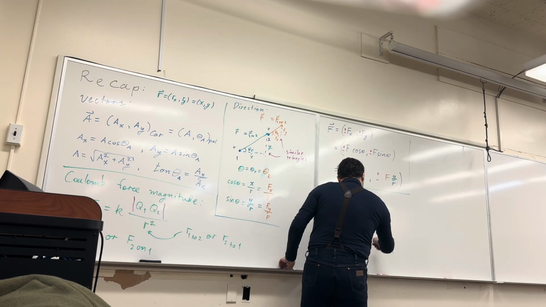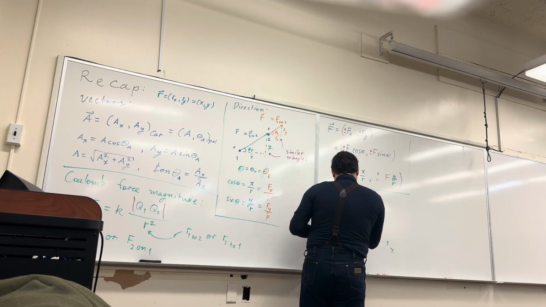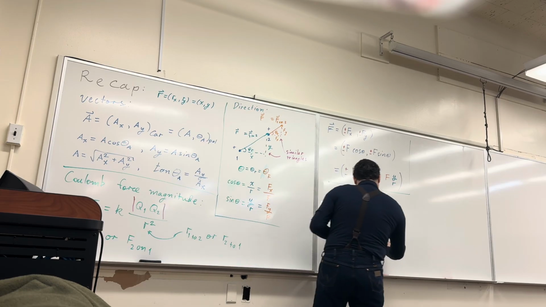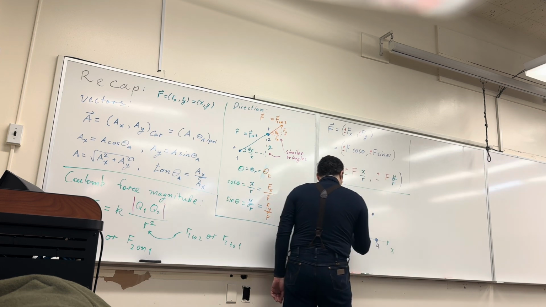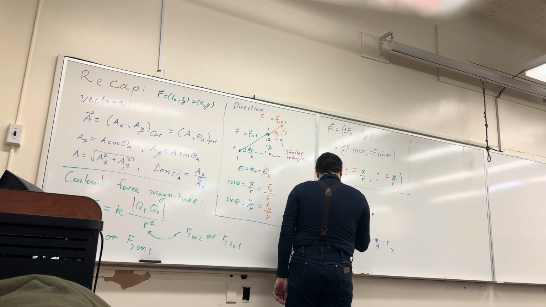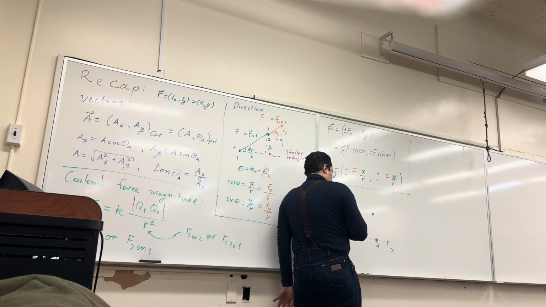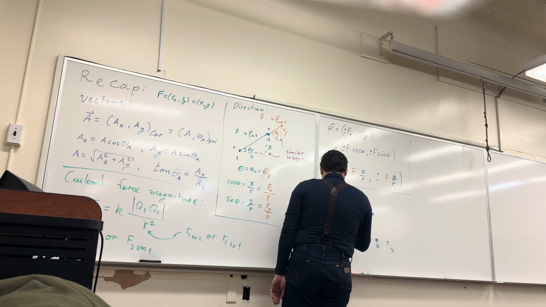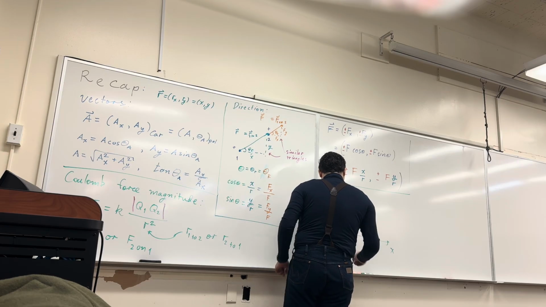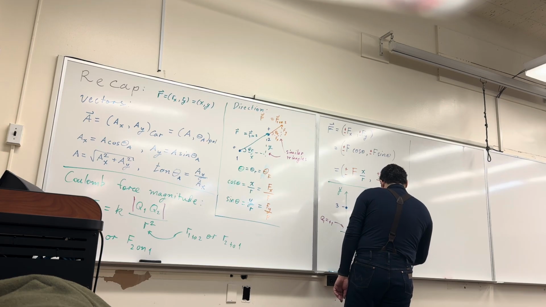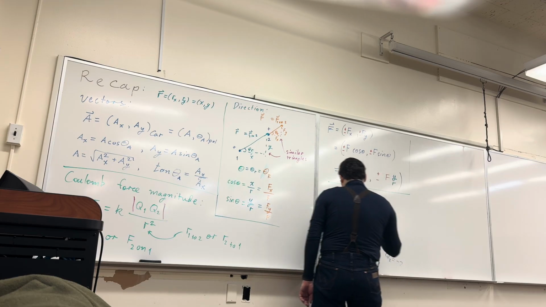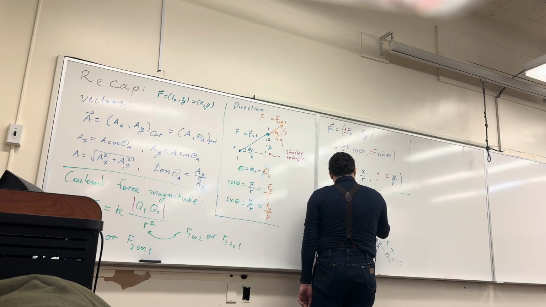Okay, so let me say that this is 3, this is 4 away, and let me say that this is charge Q1. Let me say it has charge, I don't know, positive 1. Let me say that this is charge Q2, let's say it has charge negative 2. This is charge Q3.